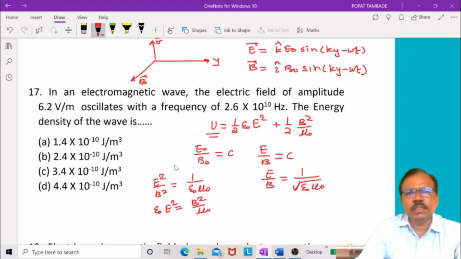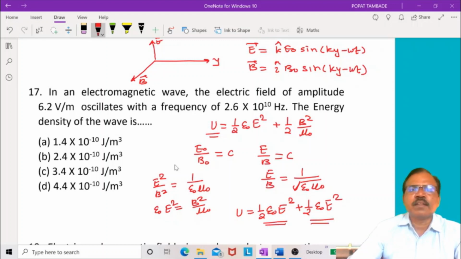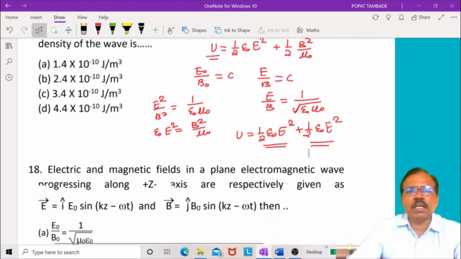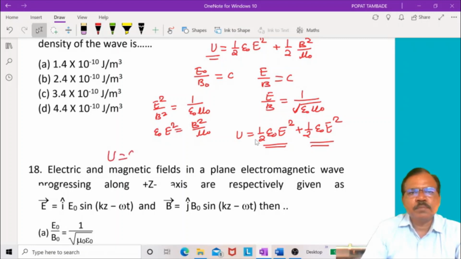So if we use U is equal to 1/2 epsilon 0 E square plus 1/2 B square upon mu 0, it is epsilon 0 E square. So we can say the magnetic field energy and electric field energy are the same, equal. So we get U is equal to epsilon 0 E square.